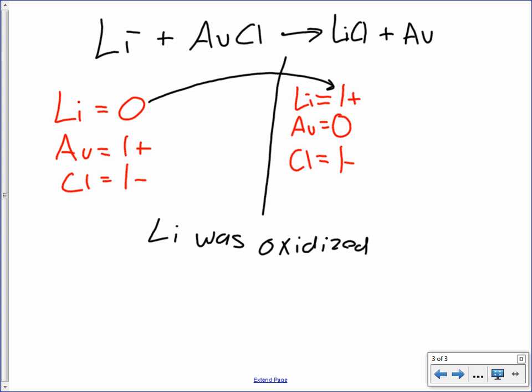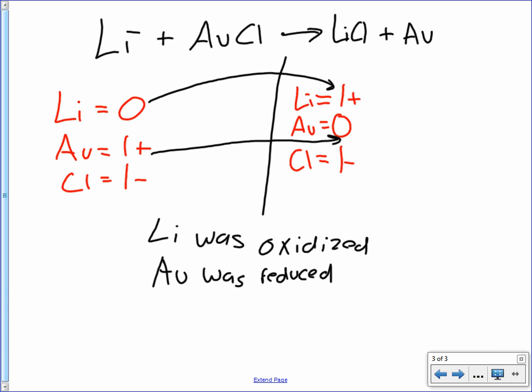Lithium was oxidized. Now we need to look for what was reduced, which one's charge went down. Here it was gold, from +1 down to 0. So we'll say gold was reduced.